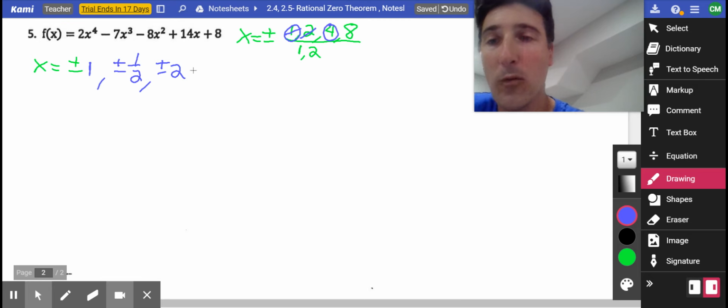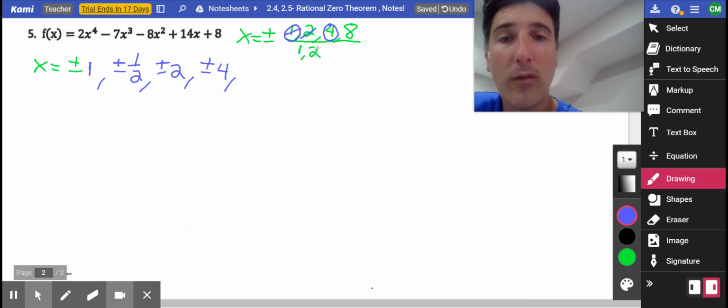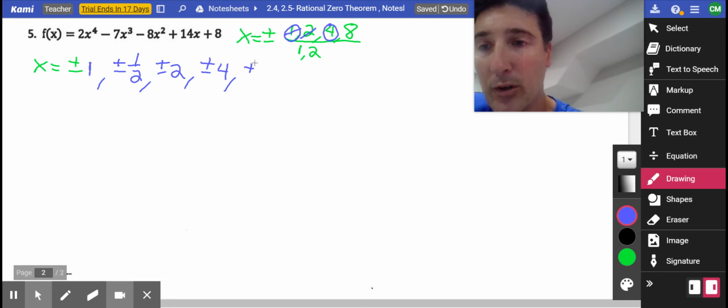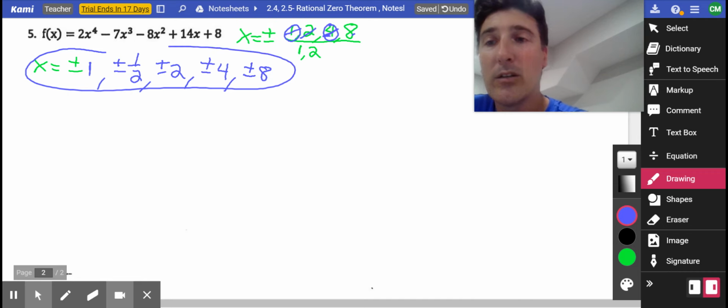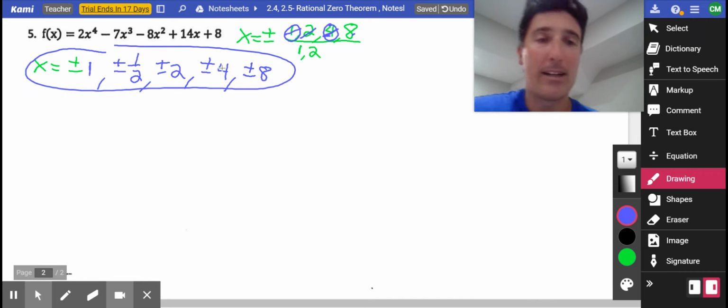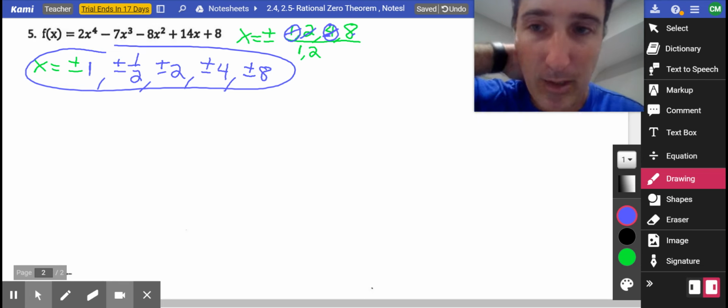Circle the 4. 4 over 1, I get plus or minus 4. 4 over 2 is plus or minus 2, which is already on the list, so I'm done with that. 8 over 1 is plus or minus 8. And 8 divided by 2 is 4, that's on the list. So we have 1, 2, 3, 4, 5. We have 10 possibilities right there because it's plus or minus.